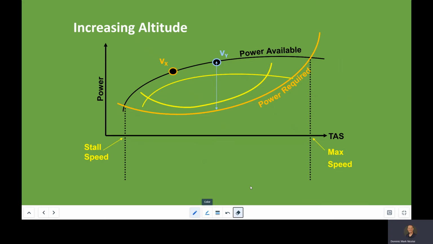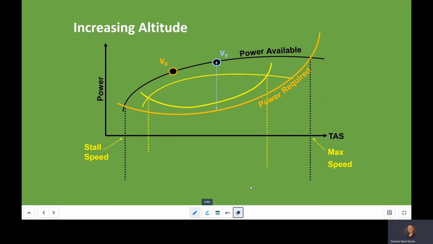So the result of that means I cannot fly the airplane as slow. In other words, increased stall speeds. And I can't fly the airplane as fast in level flight. I'm just using more of the power to maintain level flight now.